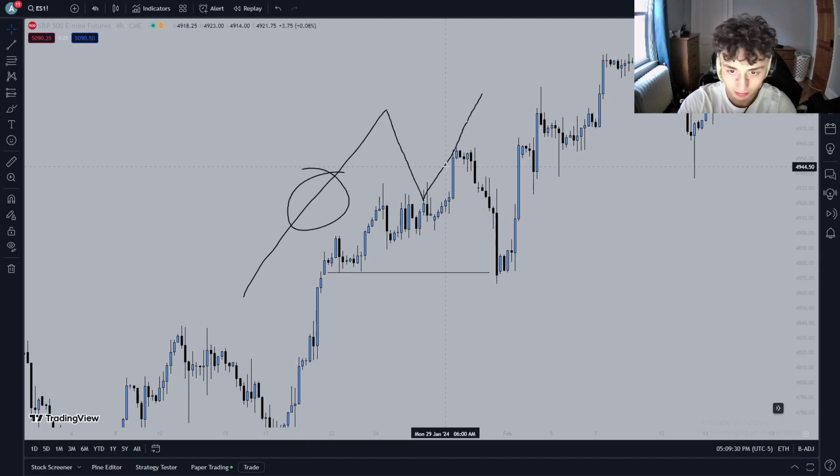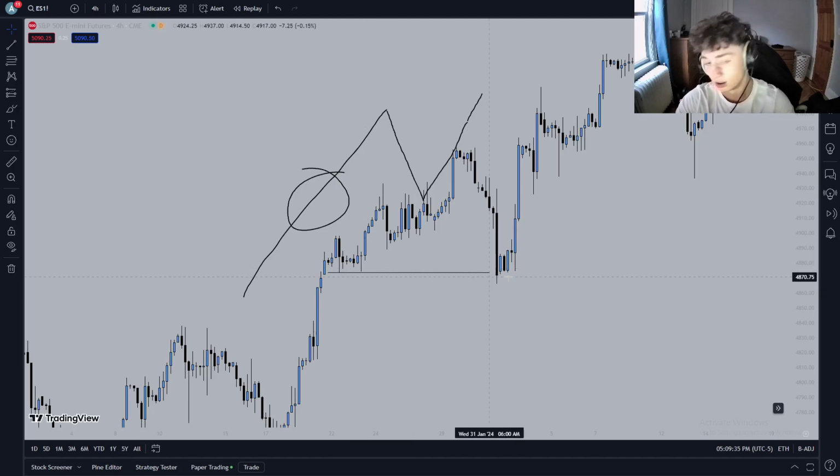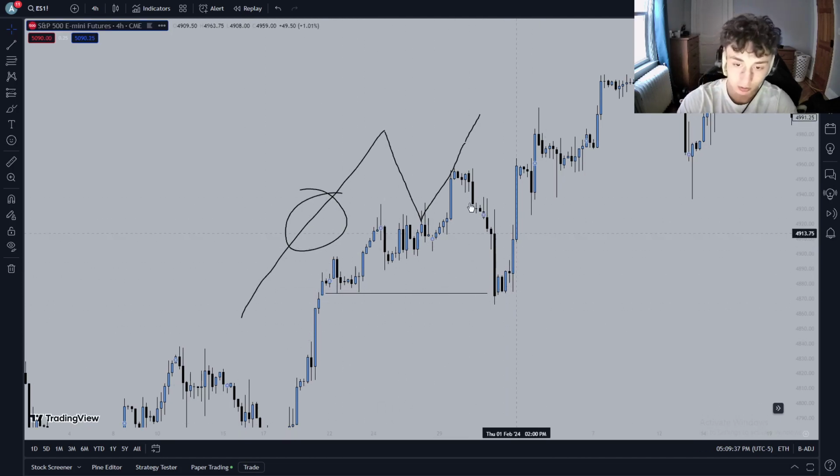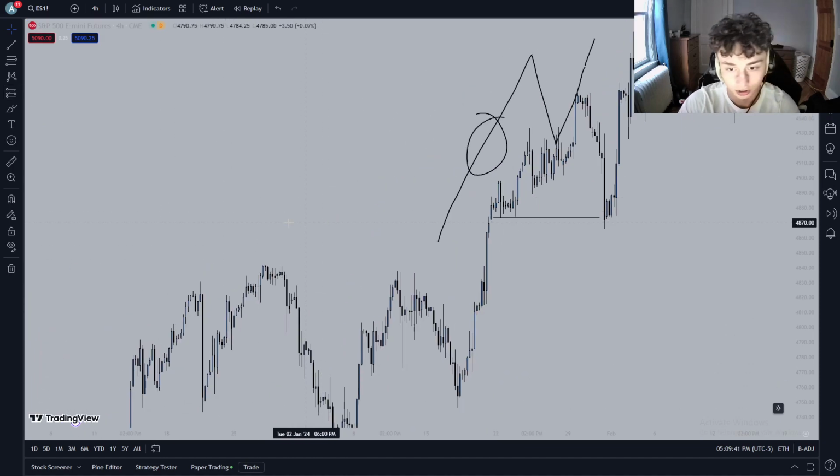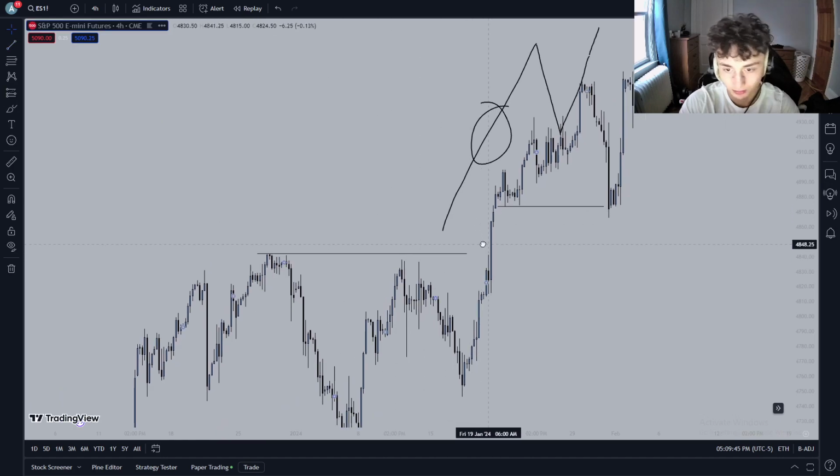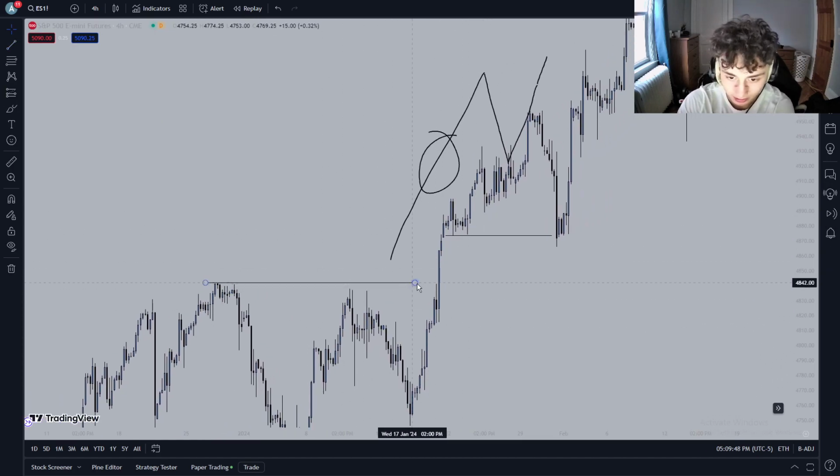It came up, retraced, took out these sell orders. So this is where retailers, right, see the breakout. Because retailers trade off these old highs being broken, they see these old highs getting broken. Now they're like, let me get in long.